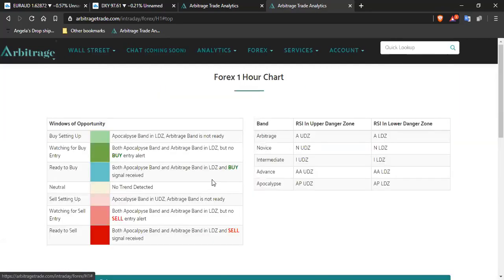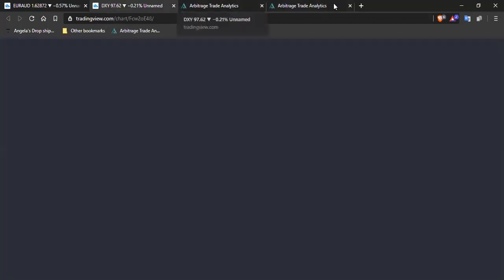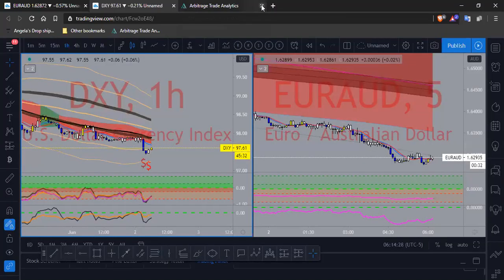All right, so based off of what we have on this list, let's go and look at the charts now. So I'll go ahead and even get rid of these. All right, so let's go take a look at AUD USD.